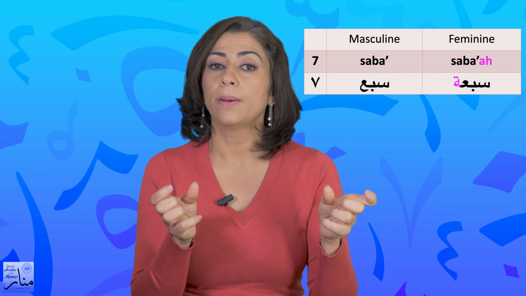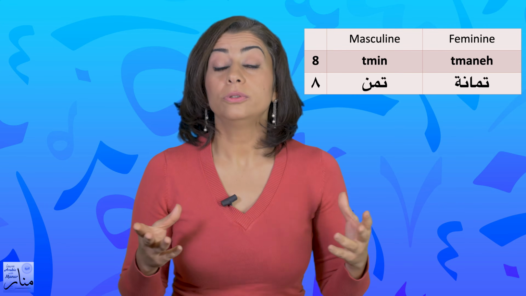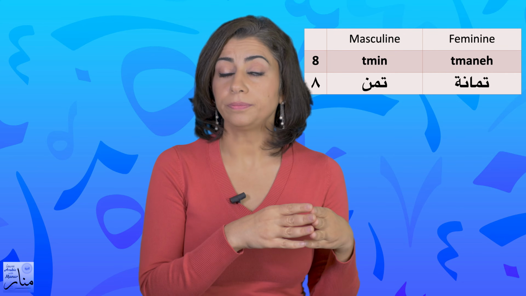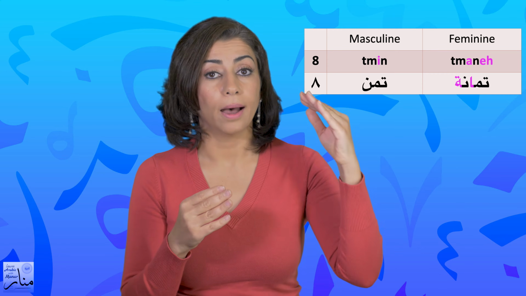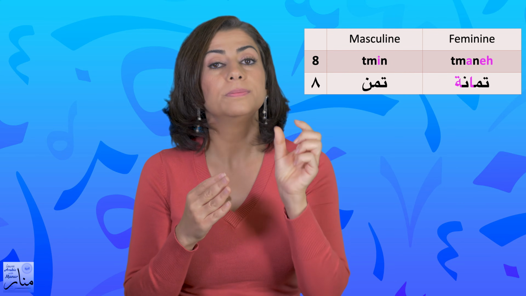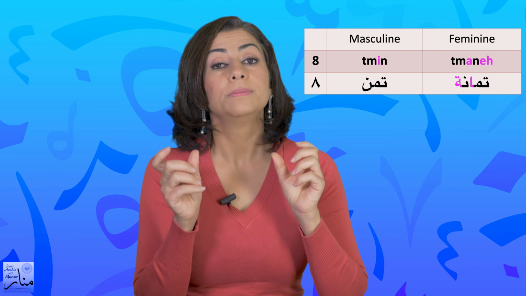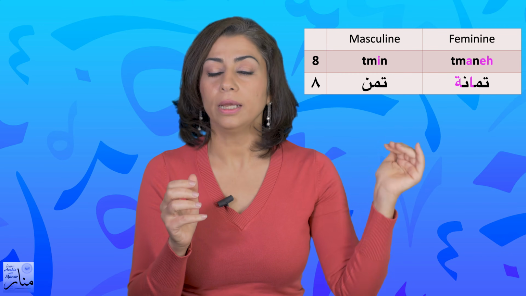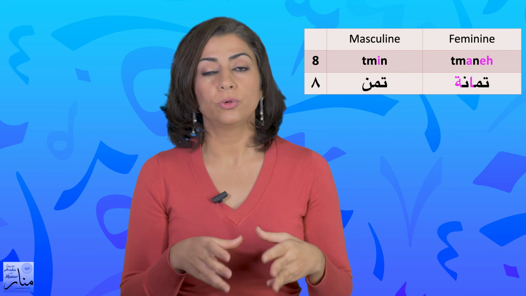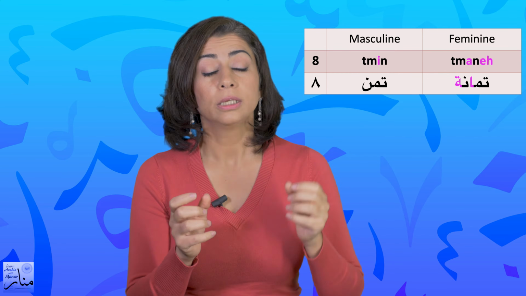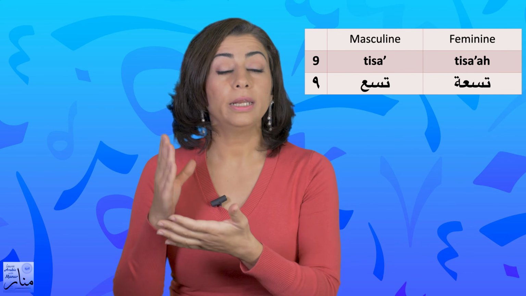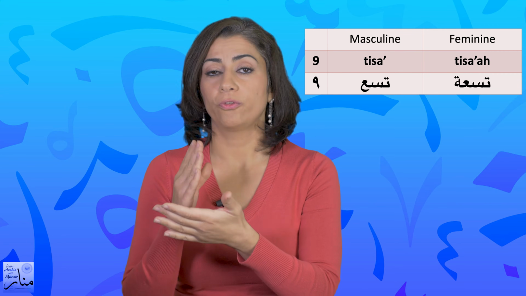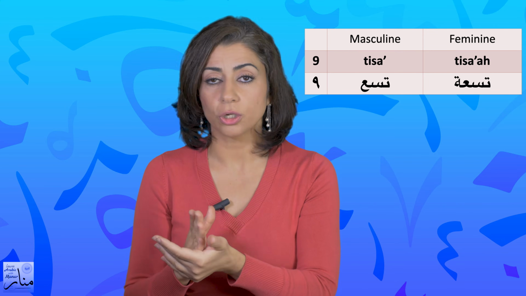Now what about 8? تمن. To form the feminine we are adding an alif after the mim, and we are adding ta marbuta to the end: تمانة. 9, تسع, also it is ending with ayn, so for masculine we are stopping sharp.